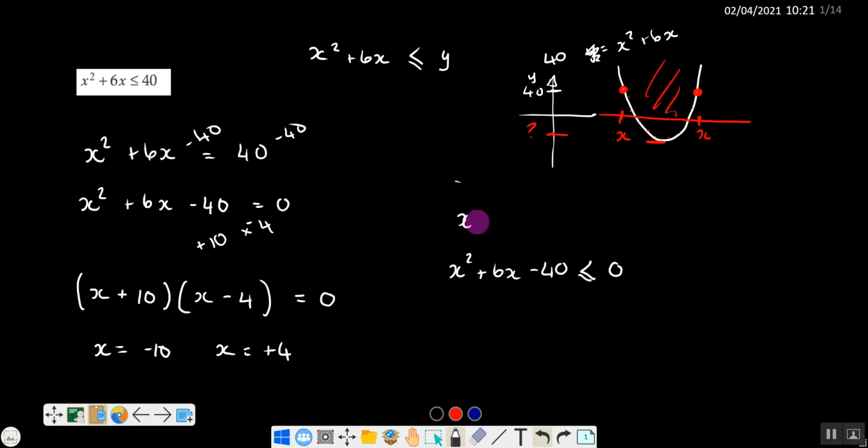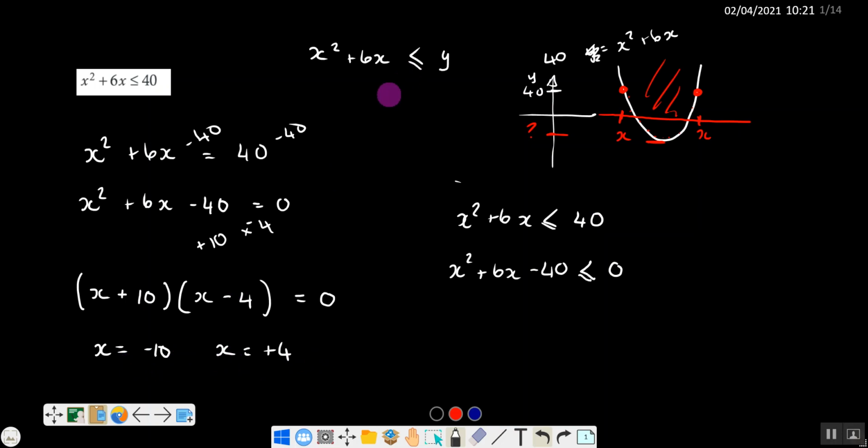Because that will be the same thing as x squared plus 6x is less than 40. So I've got my two values, x equals negative 10 and x equals positive 4. But how does that translate into a solution like in an inequality? Because obviously we can't have equal signs when I've got an inequality to give an answer to.